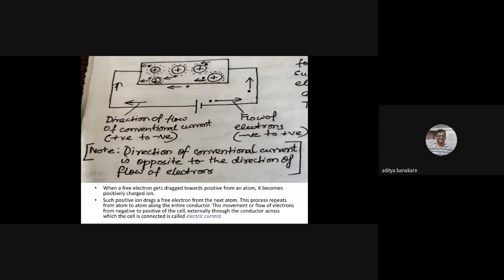So this movement or flow of electrons from negative to positive of the cell, externally through the conductor, is the electric current. We cannot see it, but we can feel it, though in that case a shock may be given to us.